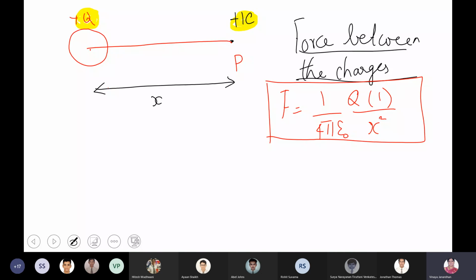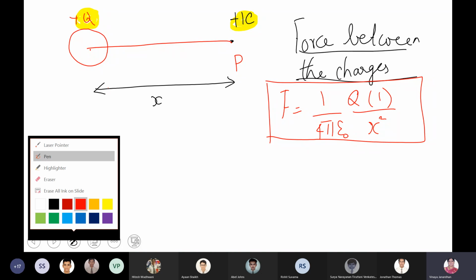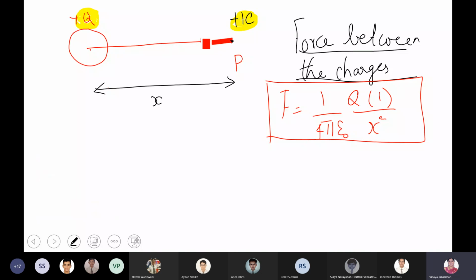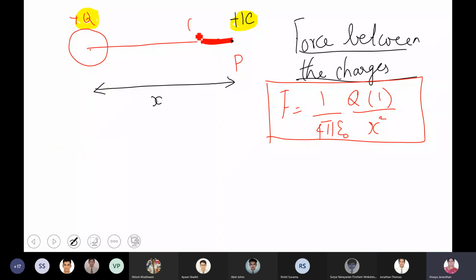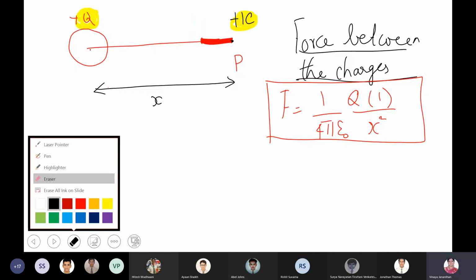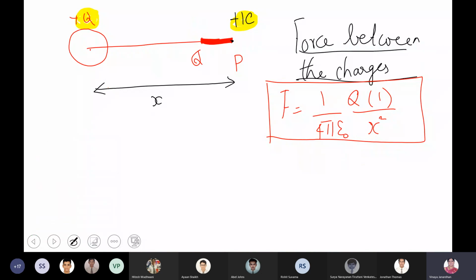Now next, let me do a small work in moving the charge from P to Q. I'm moving the charge from point P to point Q. Let this distance be equal to dx.